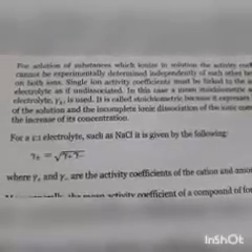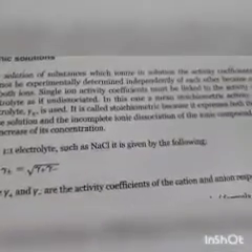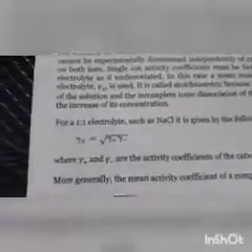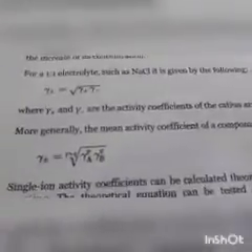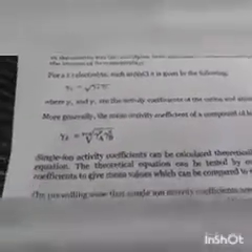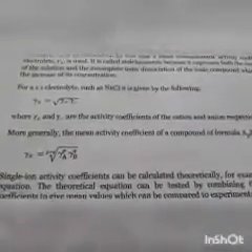For an electrolyte such as NaCl, which is 1:1, gamma plus minus squared equals gamma plus times gamma minus, where gamma plus and gamma minus are the activity coefficients of the cation and anion respectively.